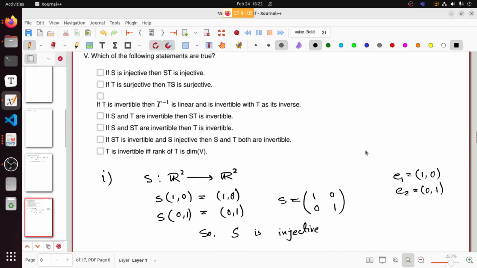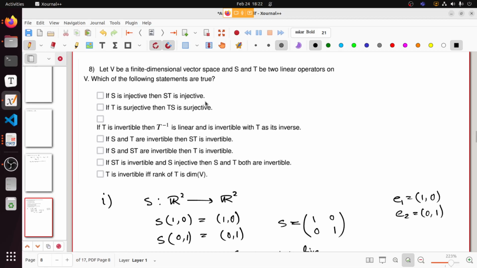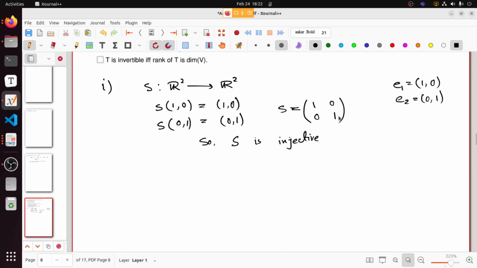Now we have to define a map T so that ST is not injective, right? Means we will disprove this. Let's define T also from R2 to R2.